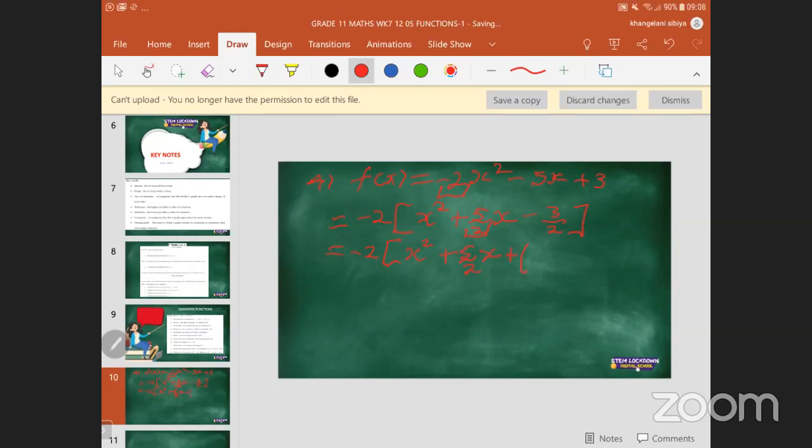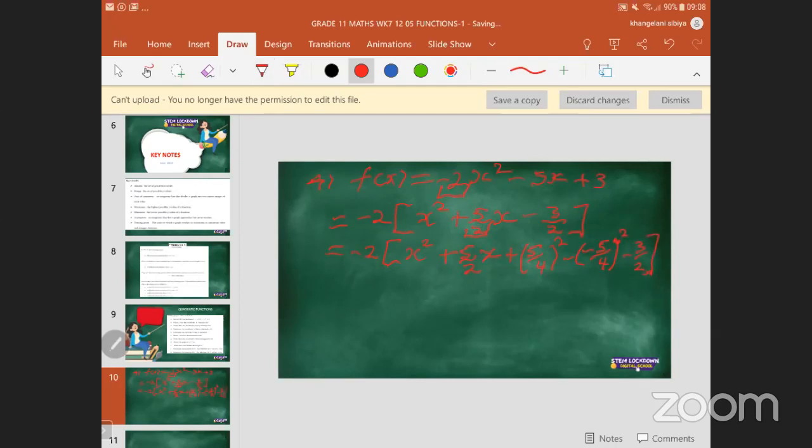You firstly multiply this one by half, so that would give you 5 over 4. Then you square it and you also subtract it, because we are saying in mathematics, you have to be in a position to move from the current step to the previous step. So that's why we are subtracting this one, 5 over 4, all squared, minus 3 over 2.